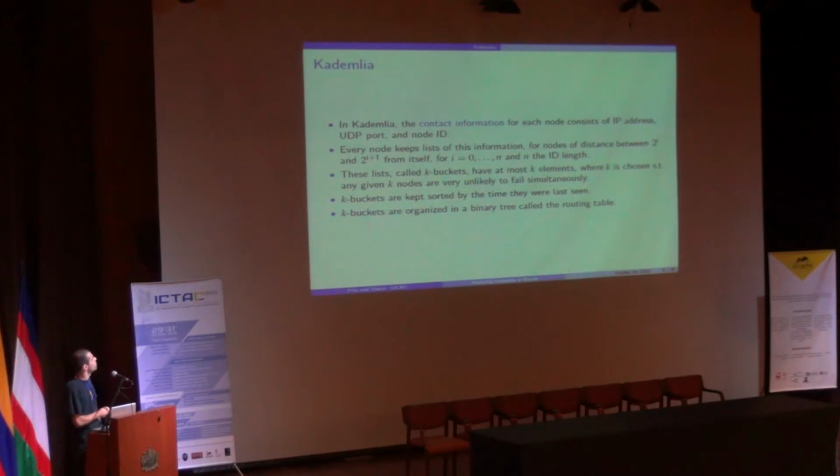The contact information of the peers is the IP, the ID, and the port. Every node keeps lists of this information for all other peers, depending on the distance to them. These lists are called K buckets, and each K bucket can only have K elements, where K is a parameter of the protocol.